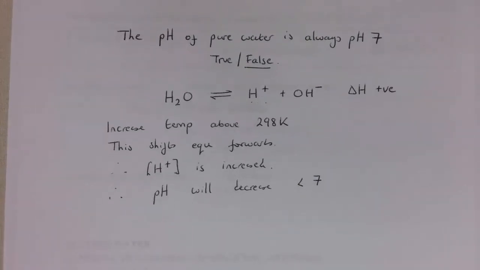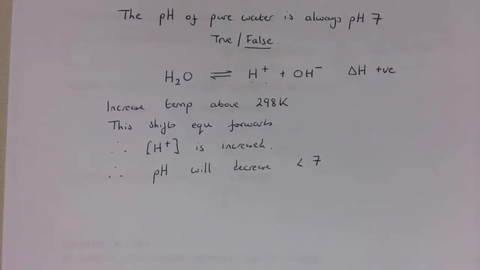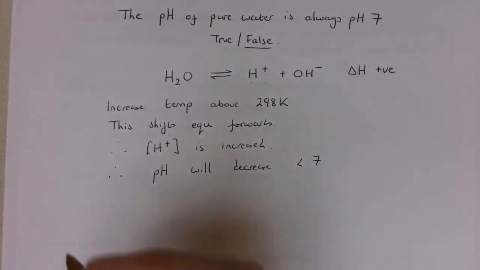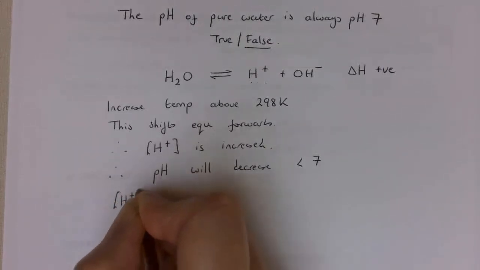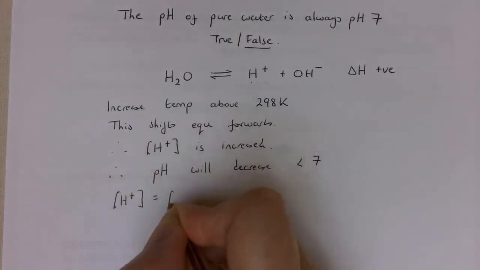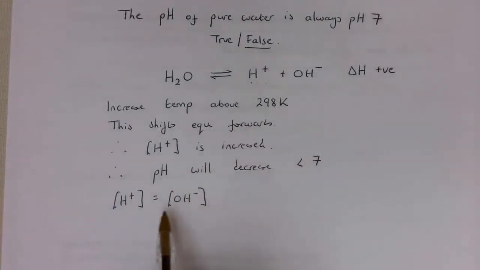Notice that the water is still neutral. I haven't said anything about neutrality, I've just said something about pH. So water is still neutral because the concentration of the hydrogen ions is still equal to the concentration of the OH negative ions. So we still have a neutral solution, but that neutral solution is not at pH 7. It'll probably be, if we really heat it up, about pH 6.5 to 6.8.